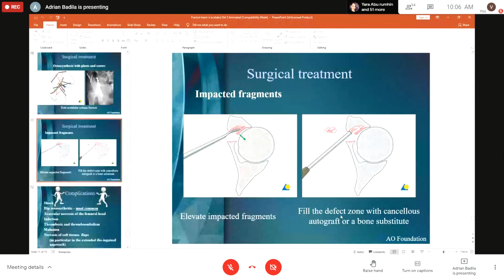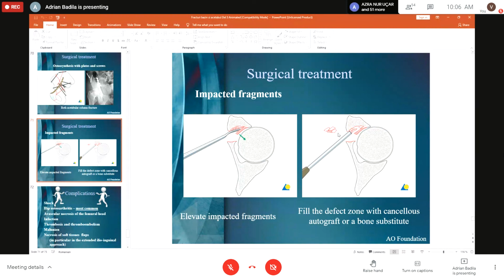If we have impacted fragments after a fracture of the acetabulum, we must elevate the impacted fragments, and after that we have here a residual cavity. We cannot leave this empty cavity.